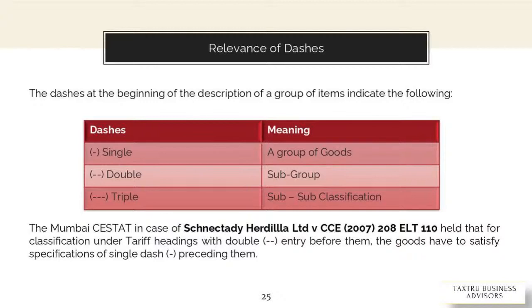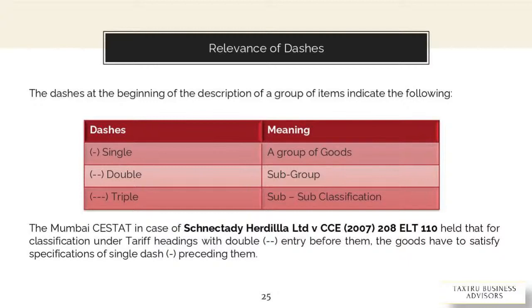A single dash says that it is a group of goods. Then there is a double dash, which says that it's a subgroup to that single dash. After a single dash, there will be a double dash. It applies to a particular item which is classified in like 5-6 parts, so 5-6 single dashes would be there.